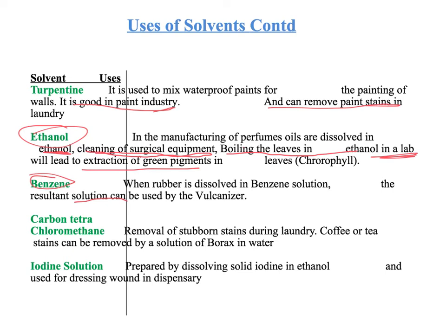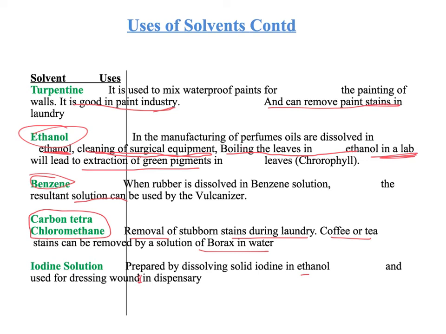We have carbon tetrachloride, which is used for removal of stubborn stains during laundry. Also, a coffee or tea stain can be removed by a solution of borax in water. The last one is iodine solution, prepared by dissolving solid iodine in ethanol. It's used for dressing wounds in the dispensary.